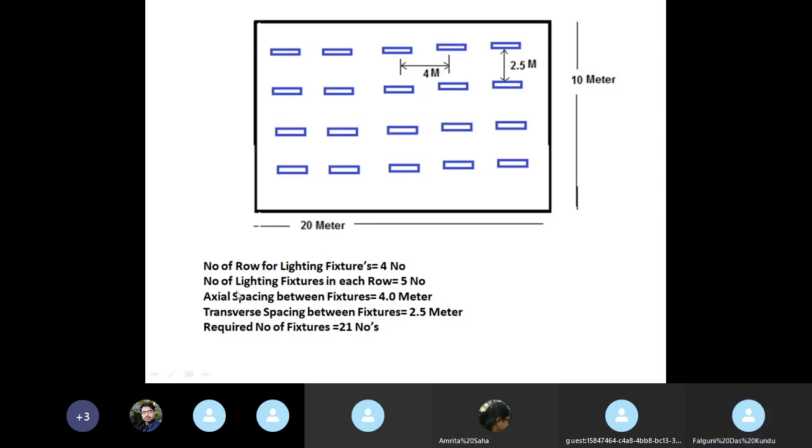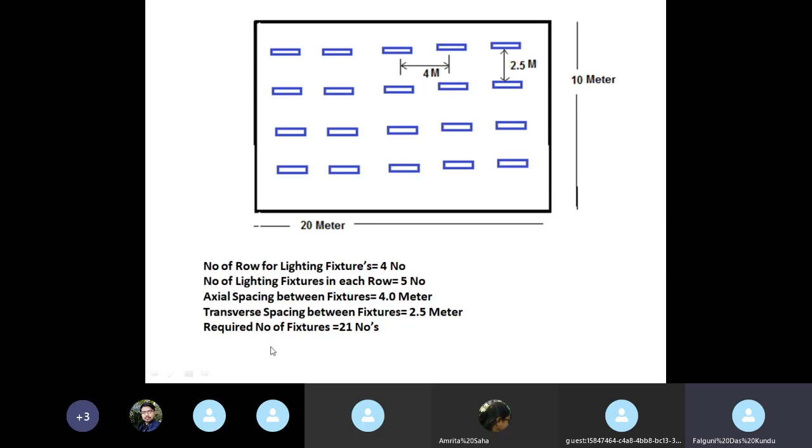The axial spacing between fixtures in each row is 4 meter, and the transverse spacing, the vertical spacing or simply the spacing between two rows, is 2.5 meter.